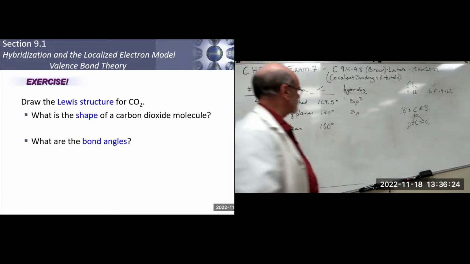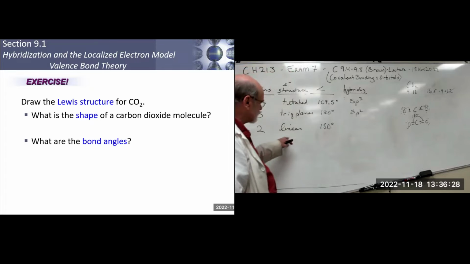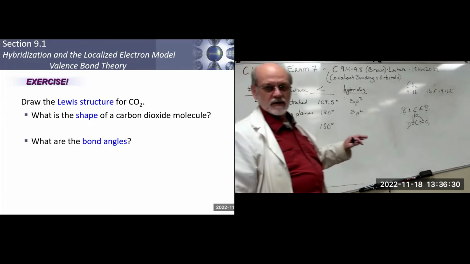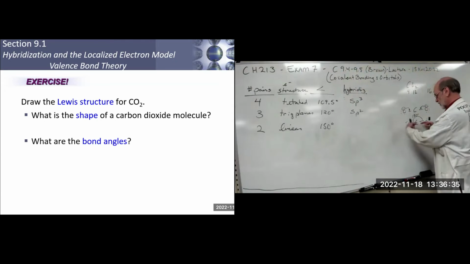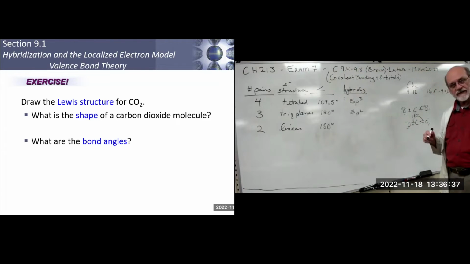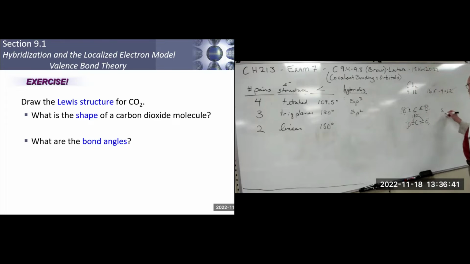Okay, so what kind of hybridization do you need here? Well, you only need 2 equivalent hybrid orbitals to get that to work. So you just hybridize one of the s's and one of the p's. And we have 2 unused p's.